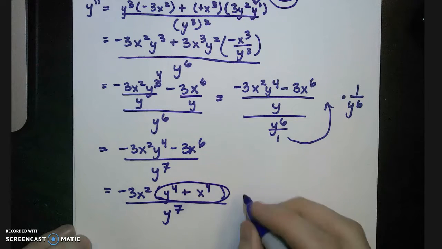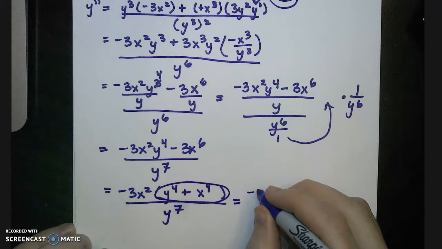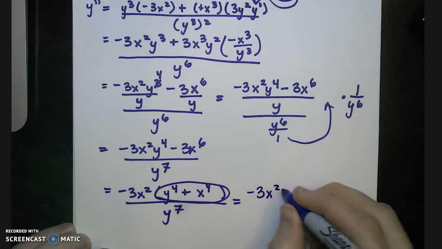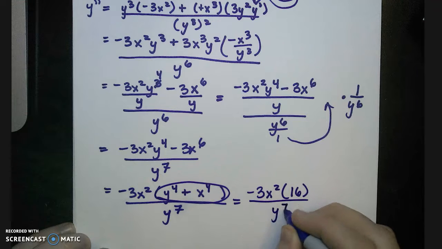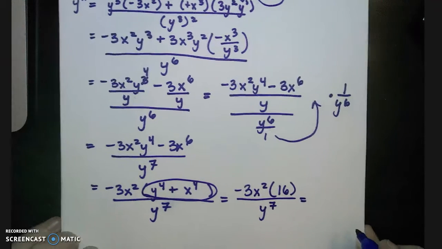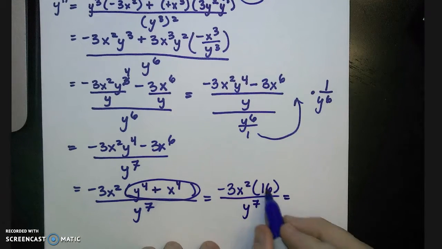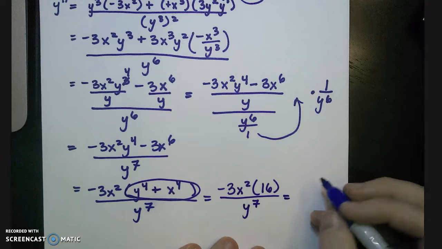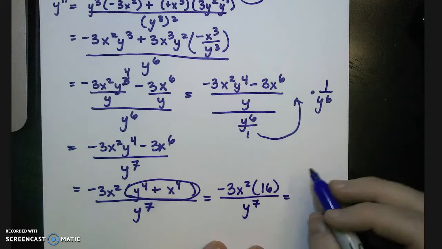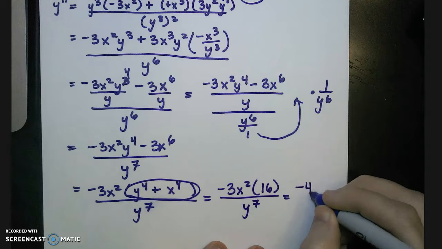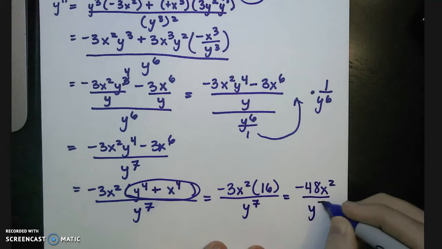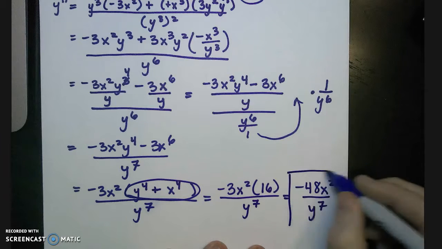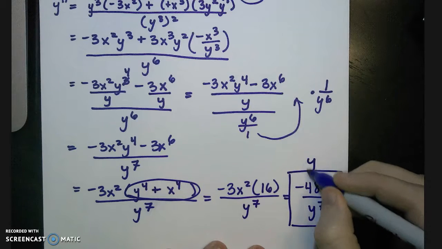So if you go back to the original function that they gave you, they just said that that equals 16. And if you simplify more, if you put those numbers together, we get negative 48 x squared over y to the seventh. That is your second derivative.